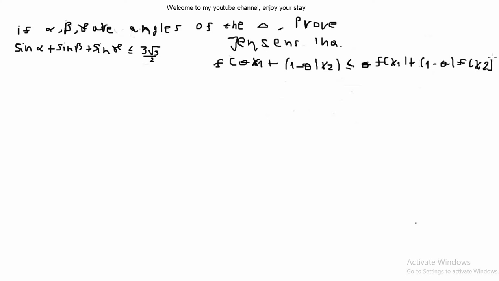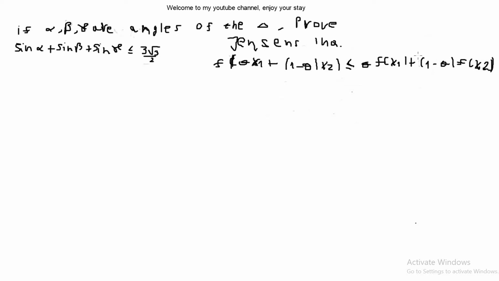So what is our plan? Why am I looking at this inequality? If you take a look at it, you see that inside of a function you have sums of the variables, and on the other side you have a sum of the functions.